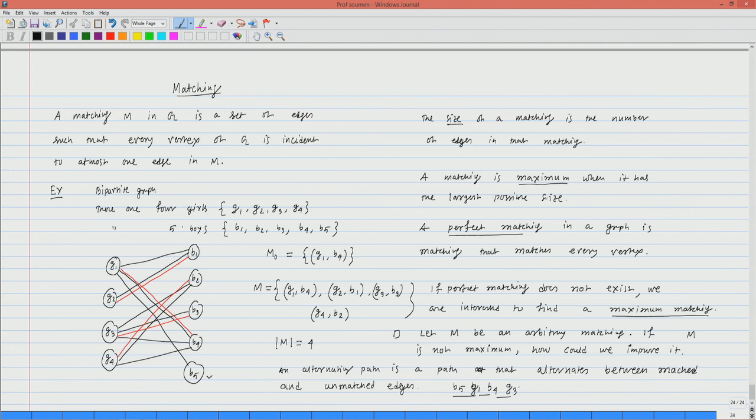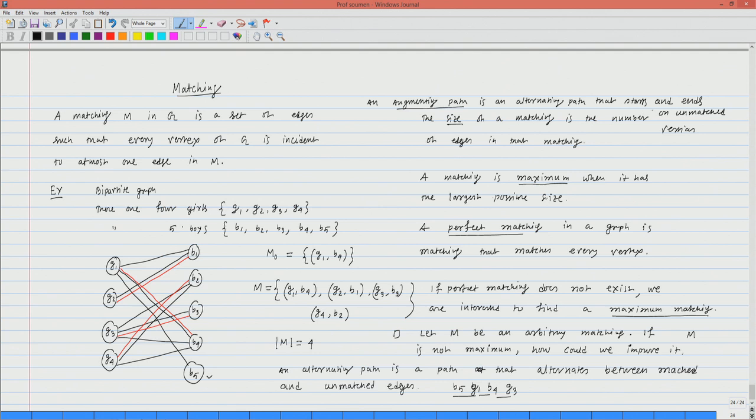Yep. And an augmenting path is an alternating path that starts and ends on unmatched vertices.